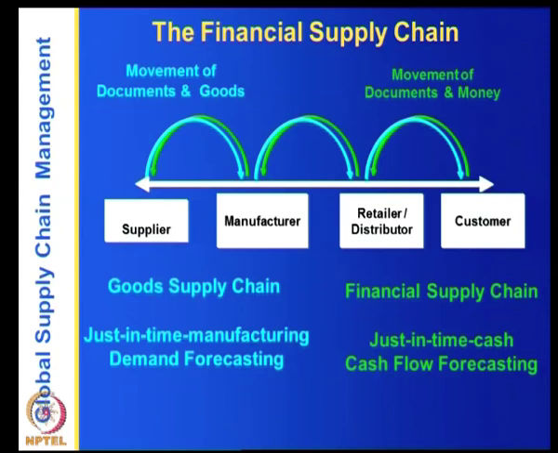So, cash flow forecasting becomes very important in the financial supply chain. So, it is important to see that the goods move in one direction, the forward direction, and the funds move in the backward direction.